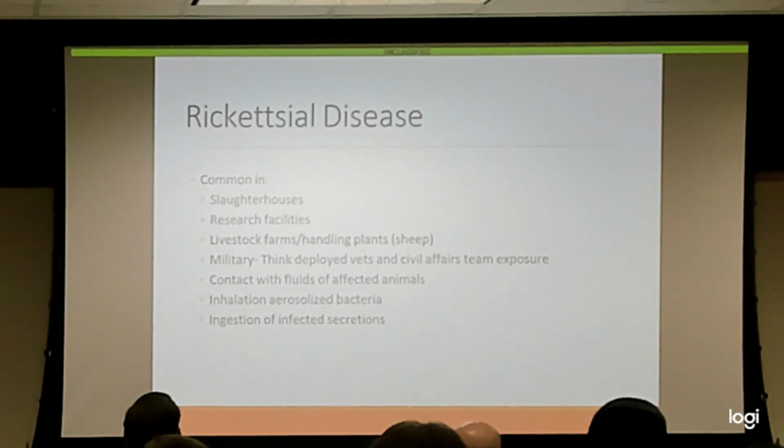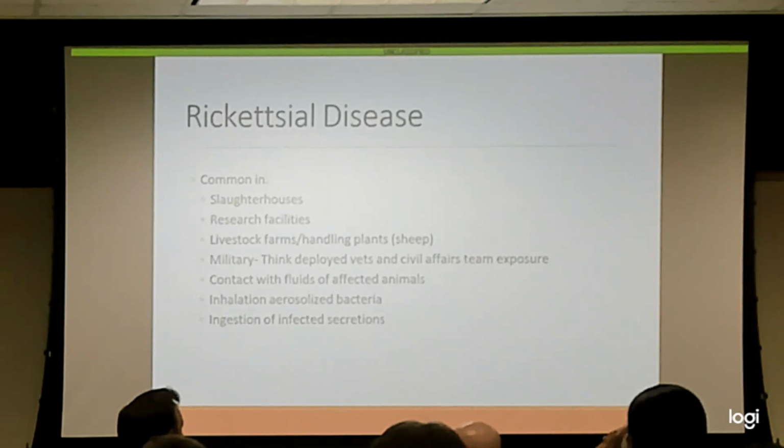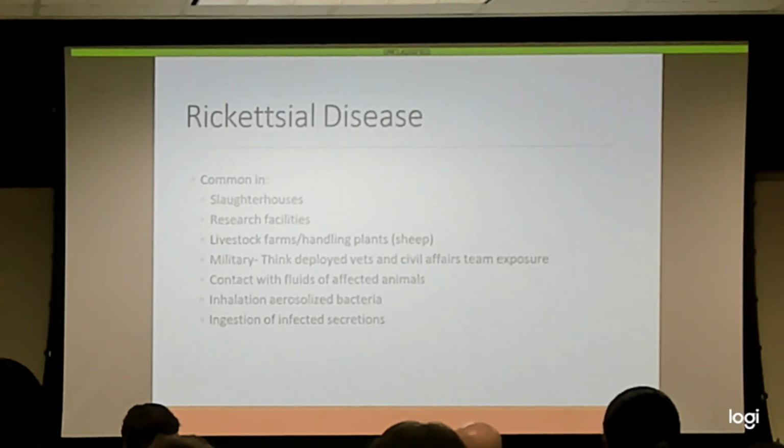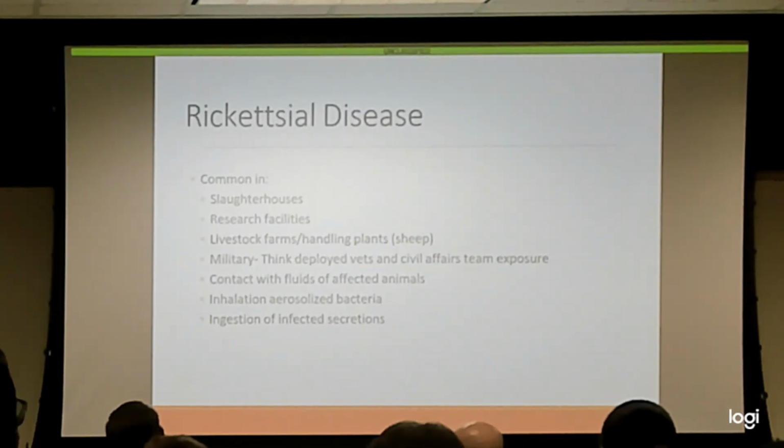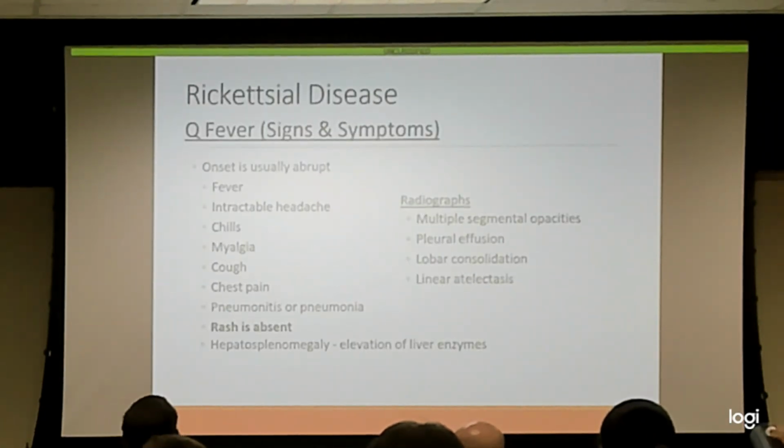So you have to think about them going out and being around these people. Military, Army-wise, we have to look at our civil affairs teams that go out, particularly the vet teams that deal with all these animals when we do host nation interactions. Just things to think about with this particular disease.